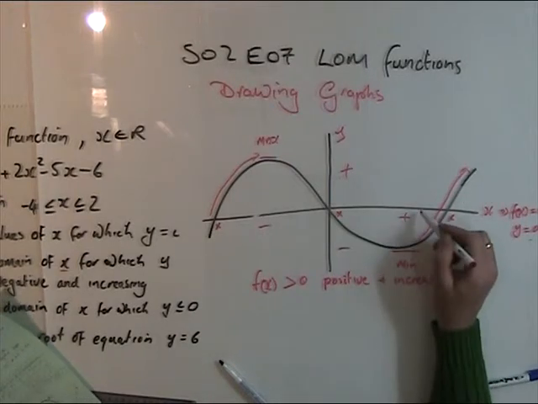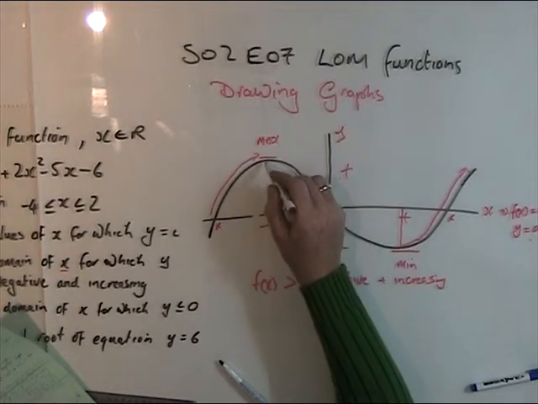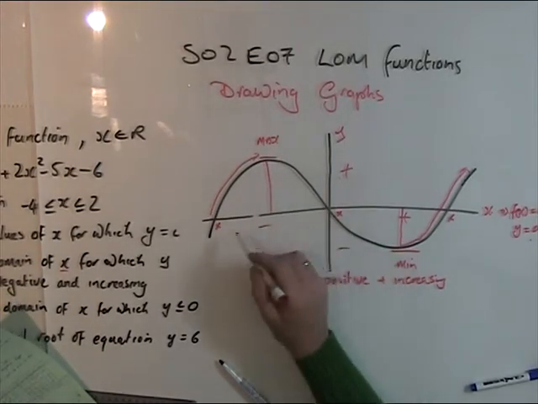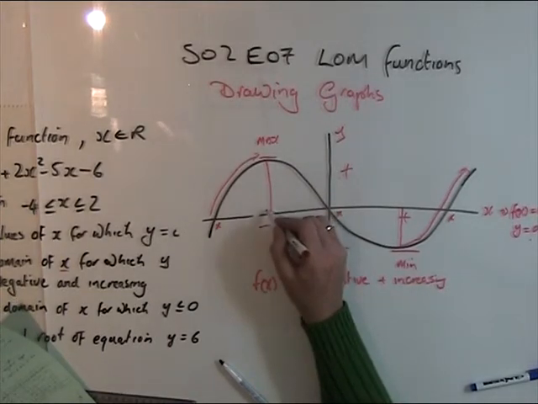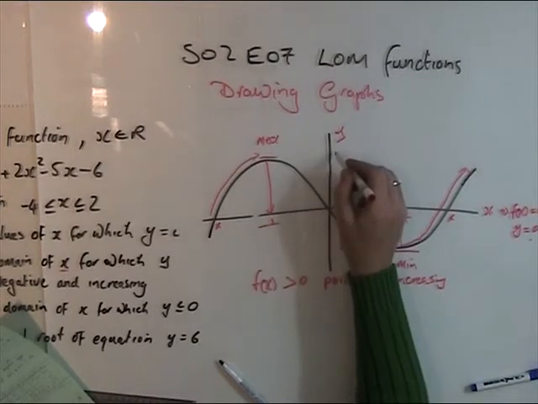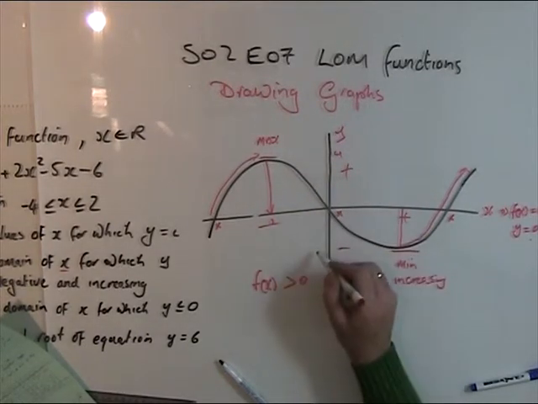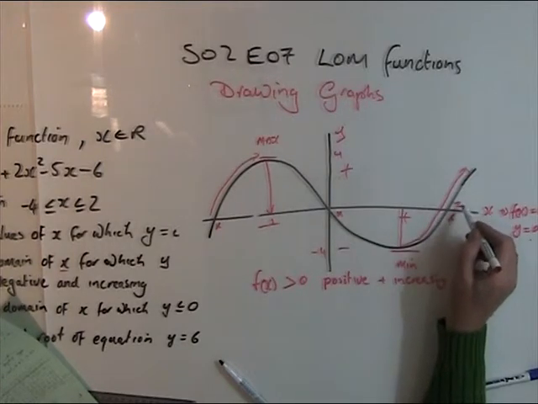So you would find the points. It's usually the middle point of this, and it's usually the middle point of that. I don't know what those values are, but you would find the values from the graph, and you would say, that is the point. Well, let's say that's 2, and we'll say that's 4, and we'll say that's minus 4, because that's the way they go in this case, and this is 2.